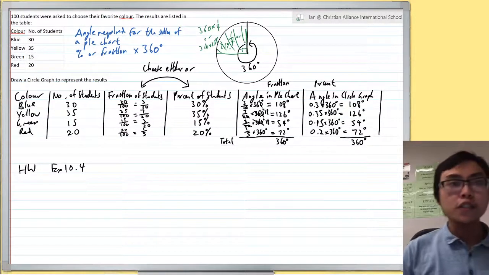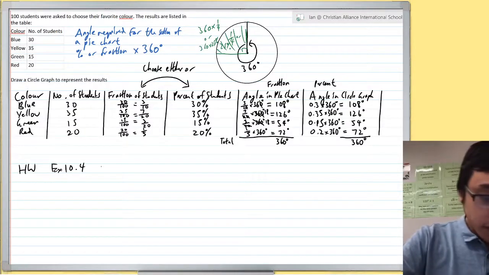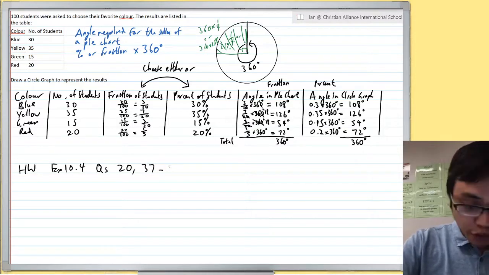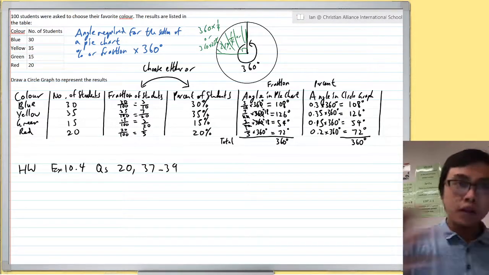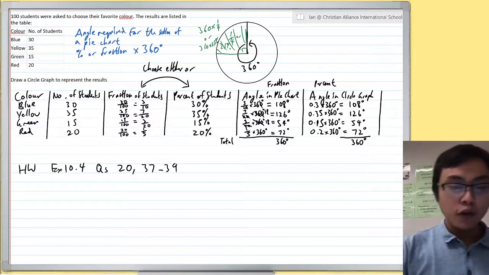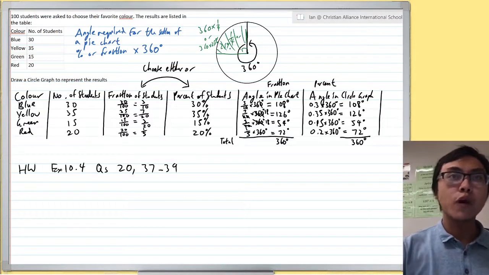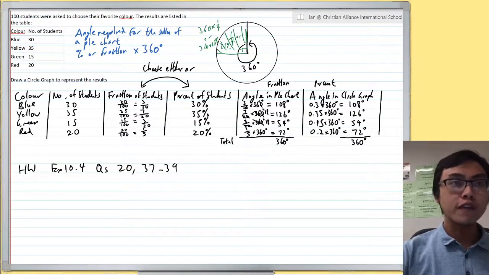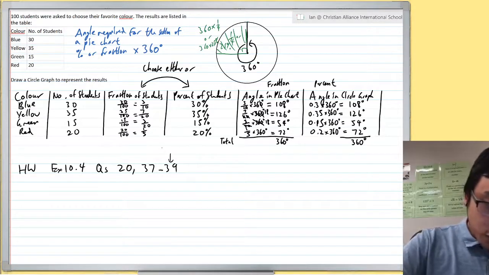And then the questions that you will have to do is only questions 20 and then question 37 to 39. This is one long question where it's a guided question where you are required to draw a circle graph. So make sure for question 39 you do draw a pie chart.